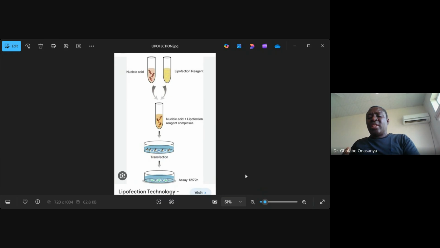liposome, which is an artificially created cholesterol, or we use phospholipids to deliver DNA nucleic material into host organisms or host cells.